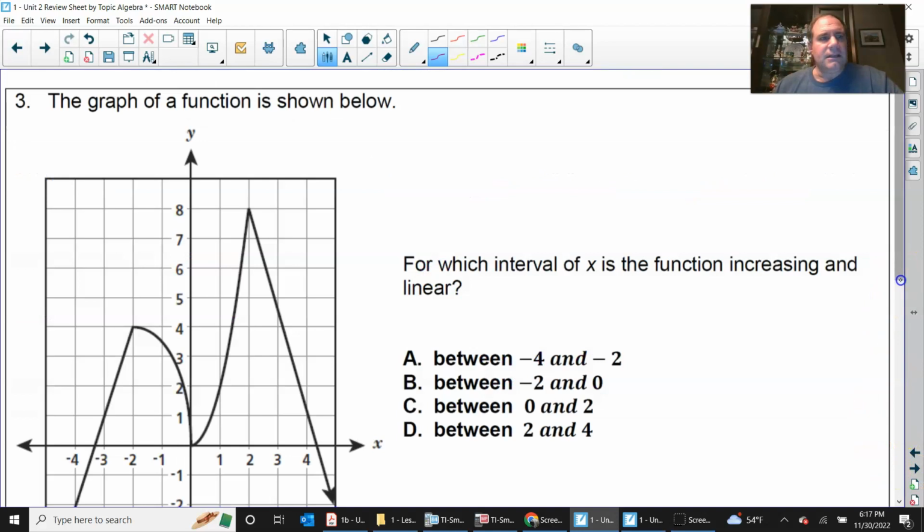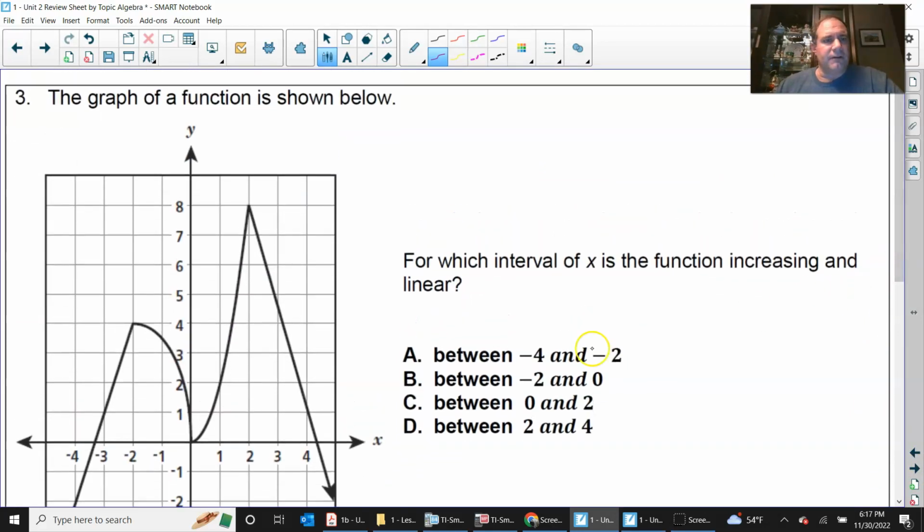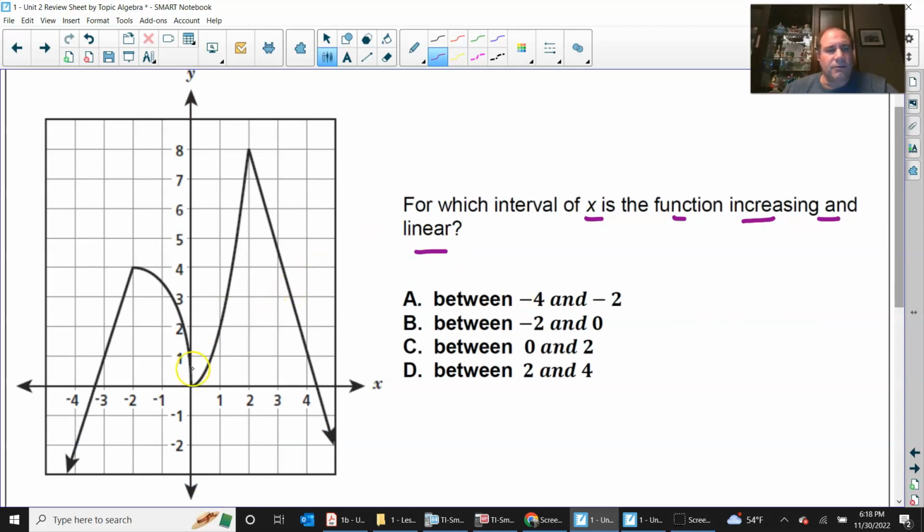Number 3. The graph of a function is shown below. For which interval of x is the function increasing and linear? So just take a look here. This is not a difficult question.